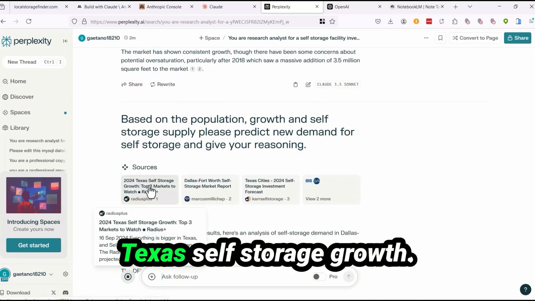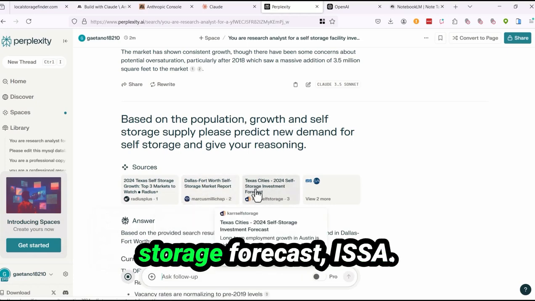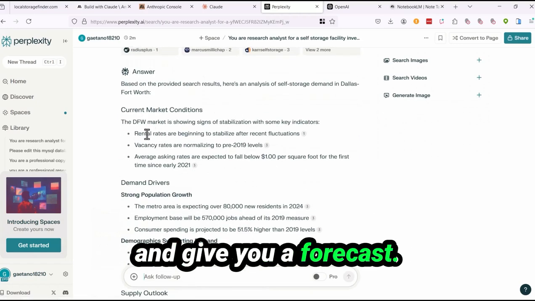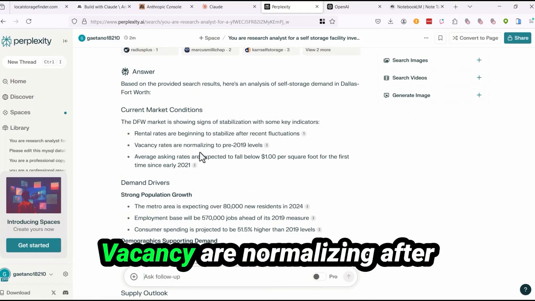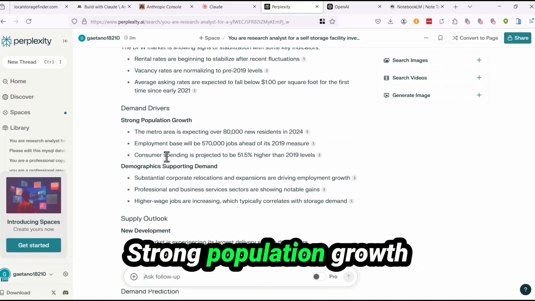And this will look up Texas self-storage growth. It's got articles here, a market research report, a self-storage forecast, ISSA. So all of that is taken into consideration. Forecast: rental rates beginning to stabilize, vacancy normalizing, asking rates expected to fall, strong population growth, demographics.